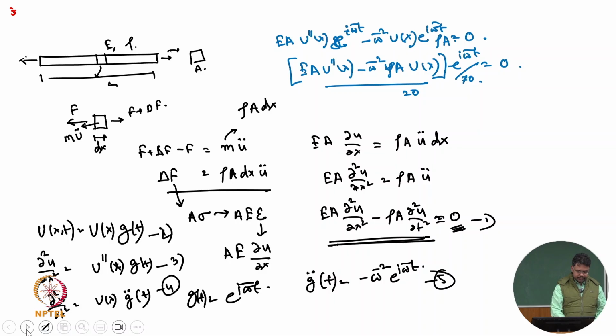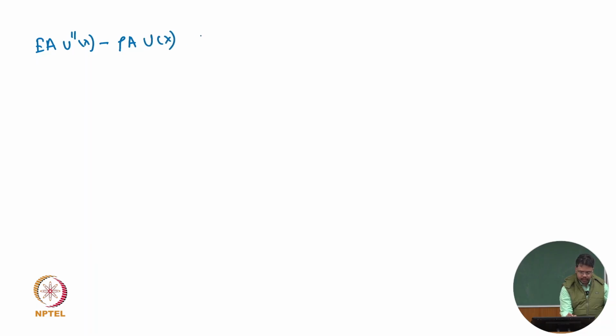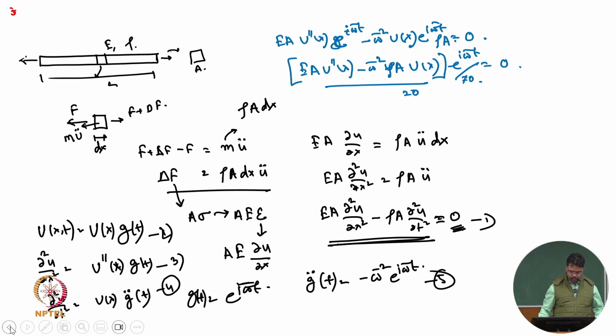Now let me just rewrite that portion. So you will write EA U double dash X minus rho A UX omega bar square, that is equal to 0. No, very small mistake. It will be plus.